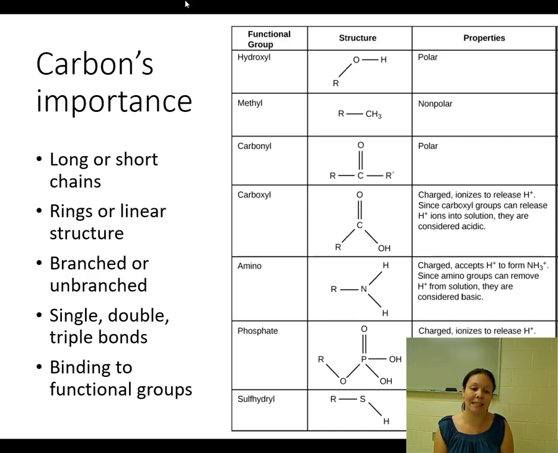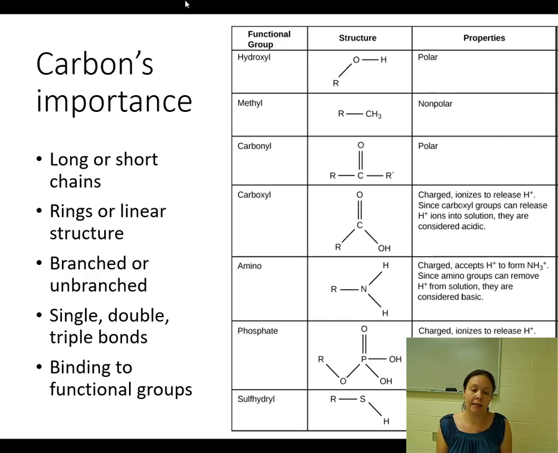Carbons can also form single, double, or triple bonds. So not only can we have a single bond between 2 carbons, but remember carbon can actually form 4 bonds. So it can use another one of those bonds to form a double bond between 2 carbons or other atoms. And because it can have a versatile number of bonds, that makes it a really special atom as well.